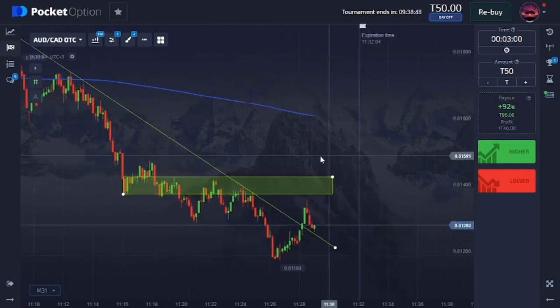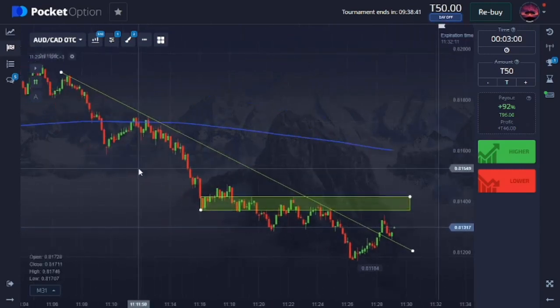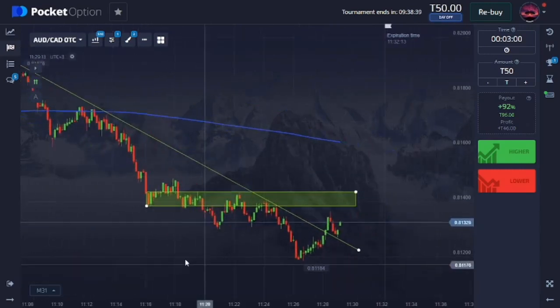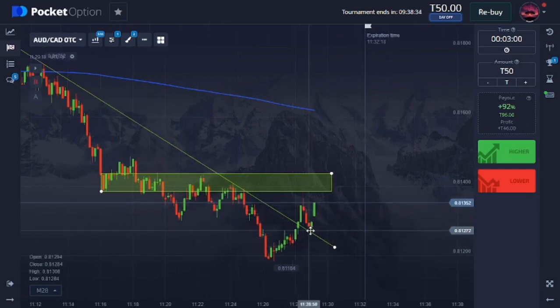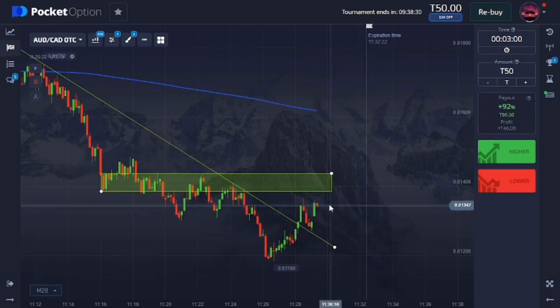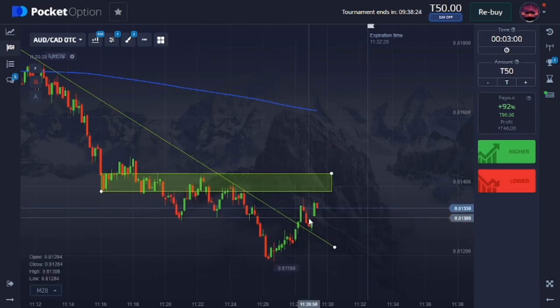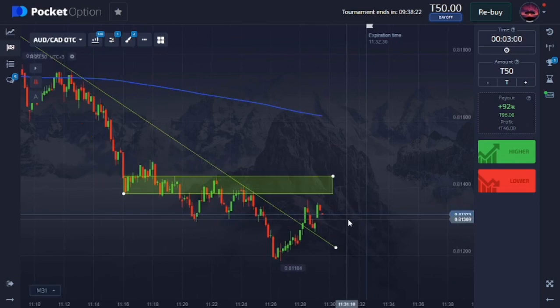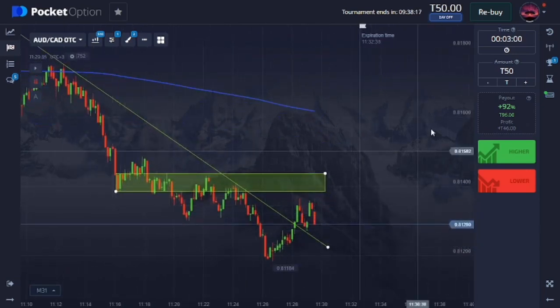So I will be putting in another half of the money, and this looks like a break and retest, but I don't think it will go above this line. This is just a pullback. I think this is a pullback.